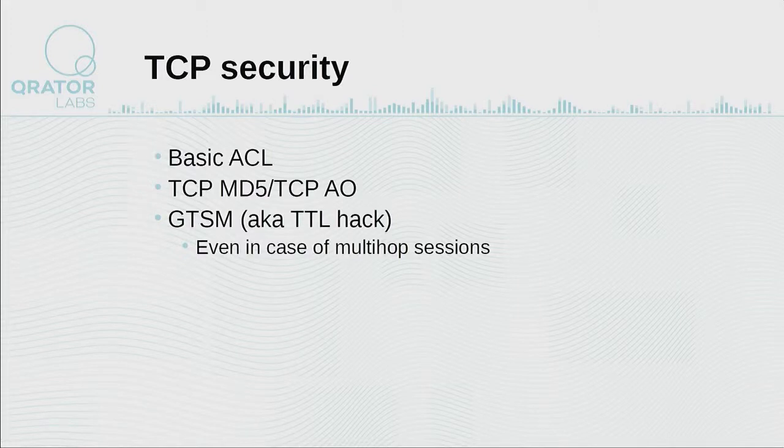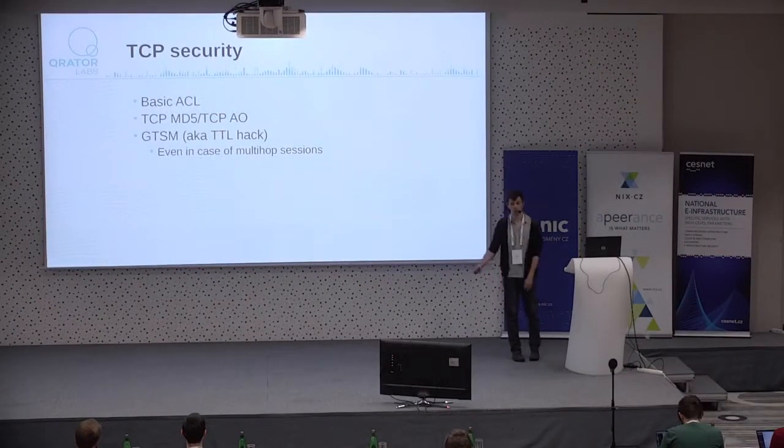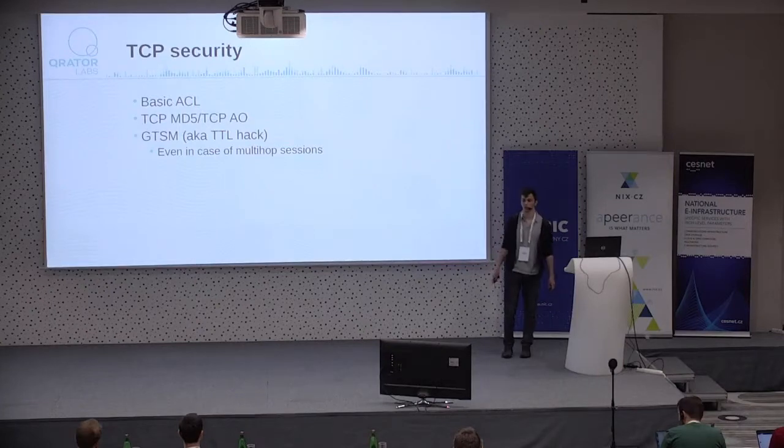Also, an attacker can try to exhaust your resources, and for example can try to overload your max limit of open TCP connections, and thus a very basic ACL filter to accept BGP connections only from known neighbors to port 179 will save the day. But there is another problem. There are spoofing attacks, and they will pass through this ACL filter.